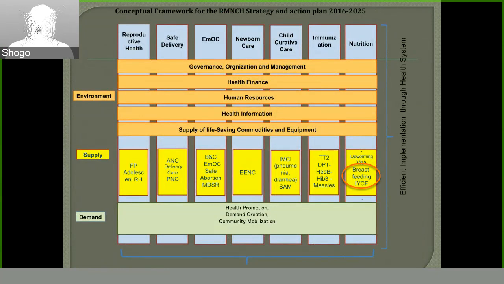So it's a huge mechanism. And as you can see, breastfeeding and IYCF are also in the nutrition component. You see the supply. So these are the priority areas in each subcommittee. And the next slide shows the national nutrition strategy.